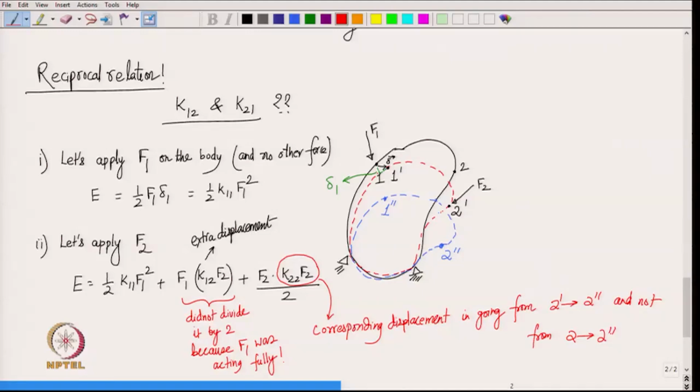Okay. Likewise, this extra displacement here, this is in going from 1 prime to 1 double prime only.